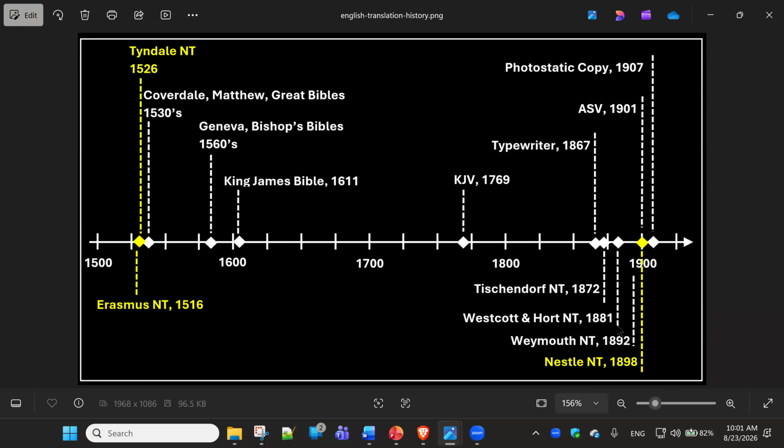Off of a Nestle text, that's Tischendorf, Weymouth, and Westcott and Hort, versus a Nestle Aland text, the 26th edition, which is based right straight back on the earliest manuscripts and collating them together and making your own decision. You can look at those two English translations and see how different they are. They're not. I frankly prefer the 71 edition, but I can't find a print copy of it.